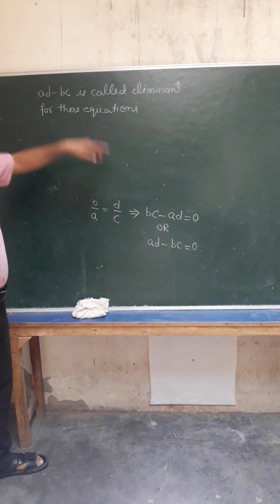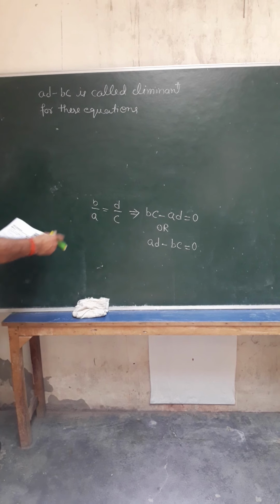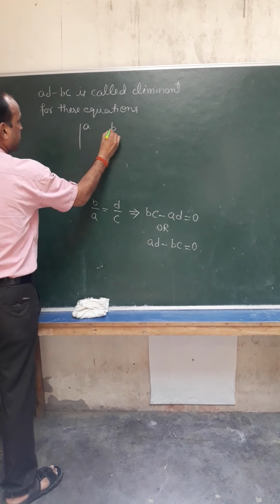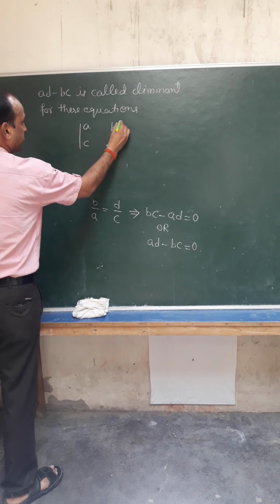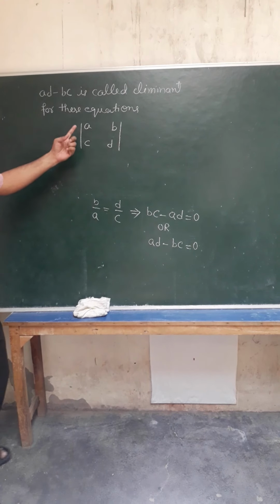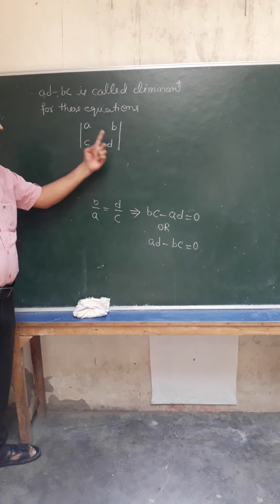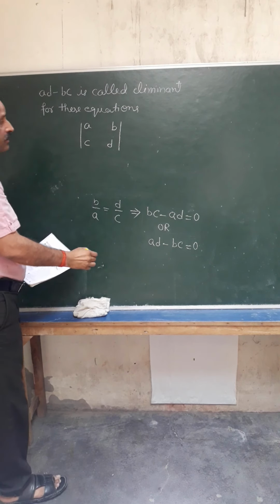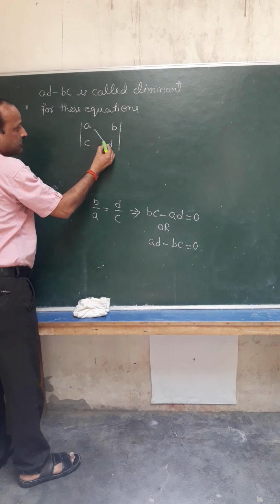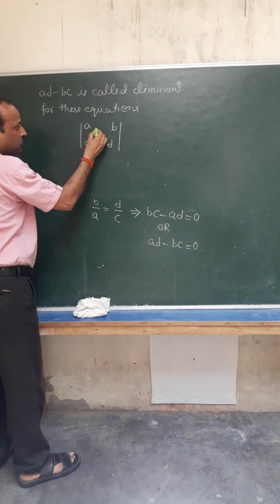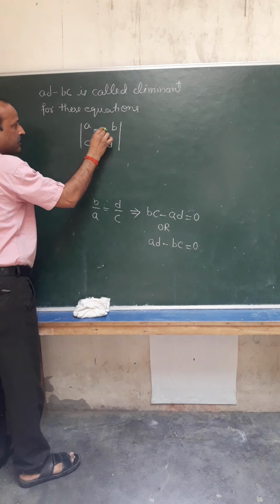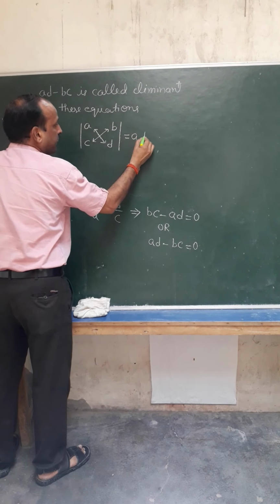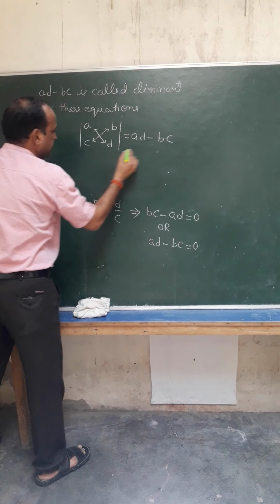This AD minus BC, if we write it like A, B, C, D between two vertical lines, and we solve this by cross multiplying these two, then putting a minus sign and cross multiplying these two, it equals AD minus BC.